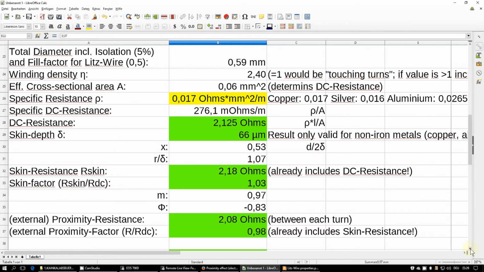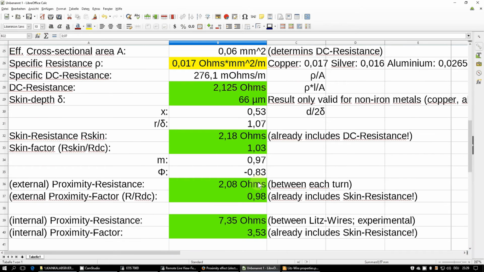And now the proximity effect comes twice into play. First of all, as you can see here, each turn of our coil influences the next turn, and this gives an additional 2.08 ohms.